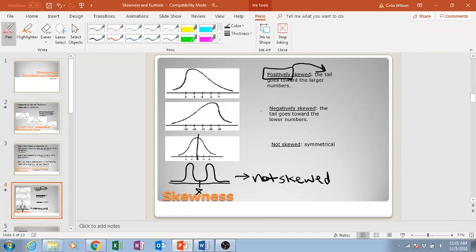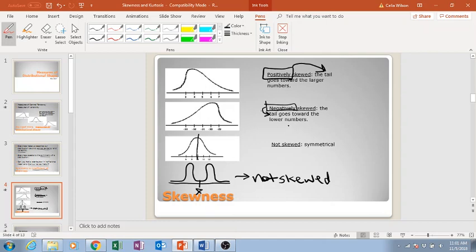So if it's positively skewed, the tail is going to go toward the higher numbers or the larger numbers. Conversely, if it's negatively skewed, again, that word negative is talking about the tail. So the tail is going to go toward the lower numbers.